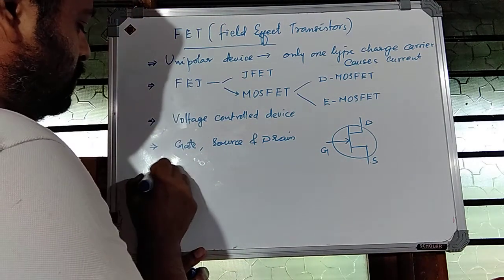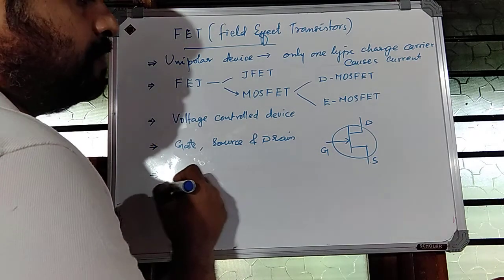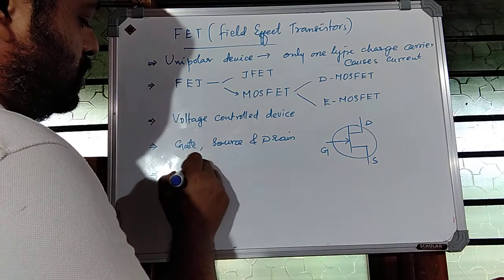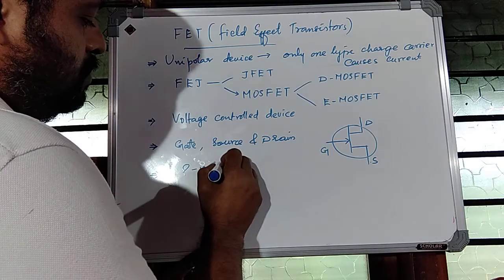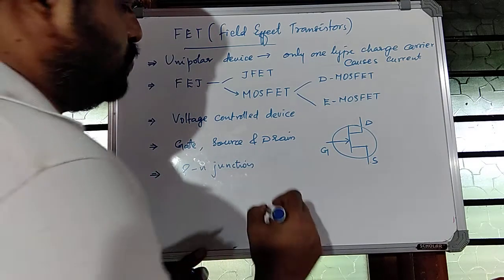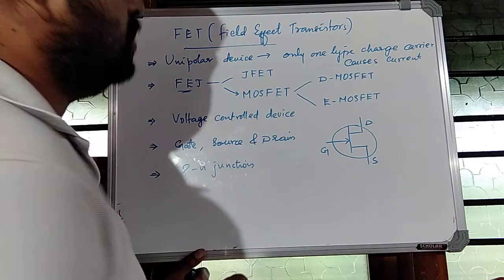It has a PN junction between gate and channel, which is reverse biased in the case of JFET and forward biased in MOSFET.